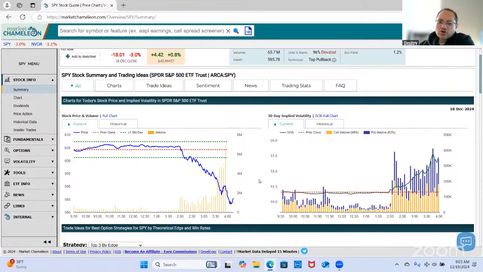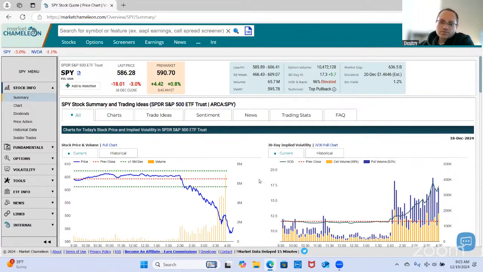That might give us some idea of what the skew looks like in a situation like this, because we had this big move in the stock market with high volume. Implied volatility was up, and we see there was a lot of option trading.